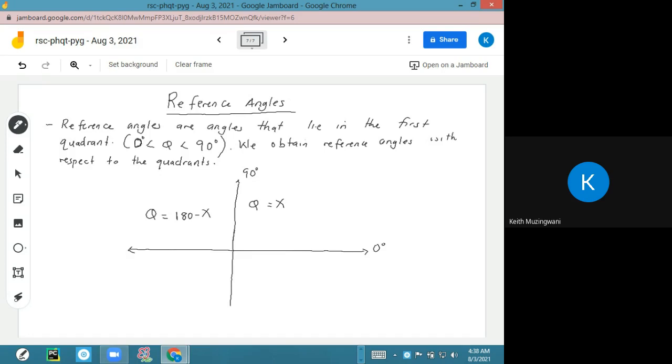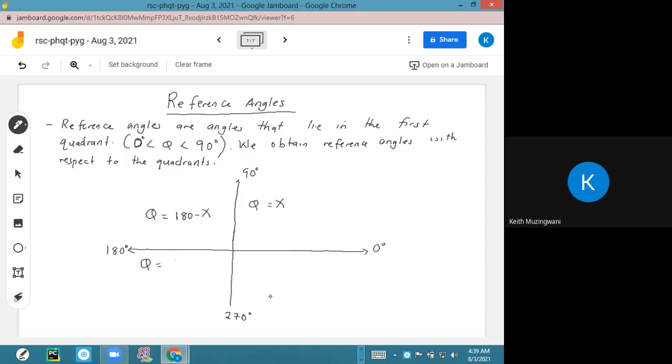So if an angle is beyond 90 but less than 180, the only way you can find the reference angle that is between 0 and 90 is to subtract: 180 minus that angle. If that angle goes beyond 180 but less than 270, you cannot add here to find theta, because if you add, you have 180 plus, and that angle is too far, much bigger than 90.